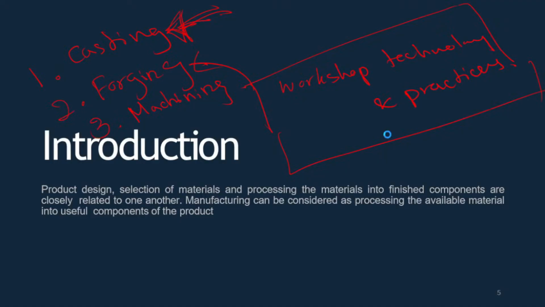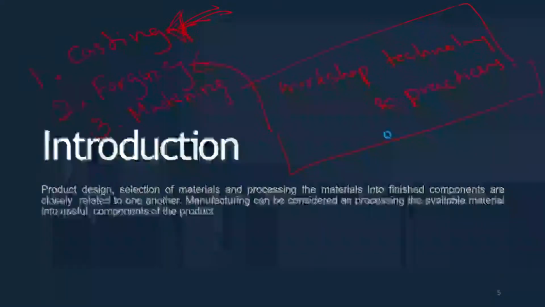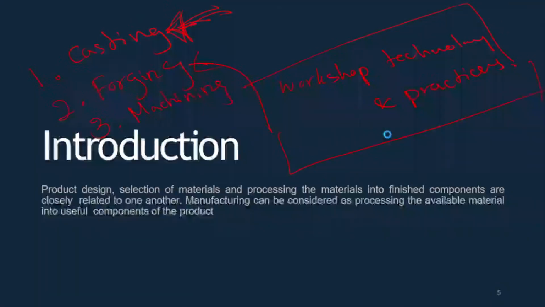So what is next one? Next one is machining. You know, machining is another manufacturing process. In this process we can discuss about material removal process. We can use different types of machines for this purpose.